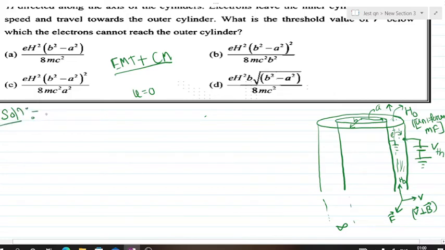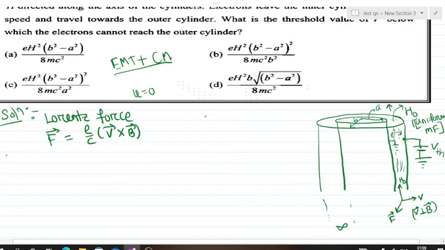As we know, the Lorentz force involves the velocity vector of the particle and the speed of the particle. That is, force is equal to e by c v cross B vector. Okay, this is the Lorentz force.